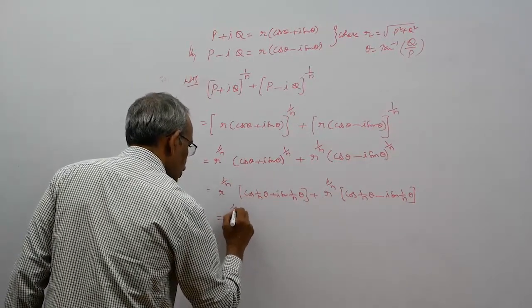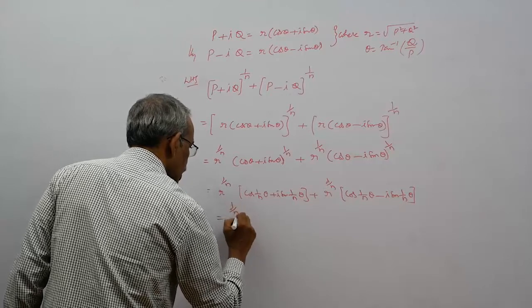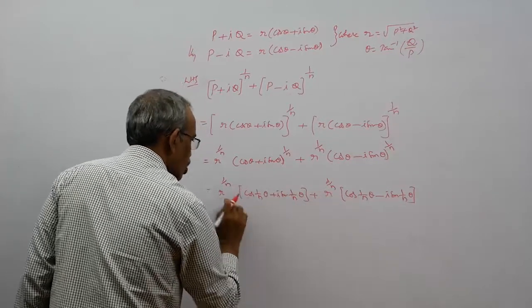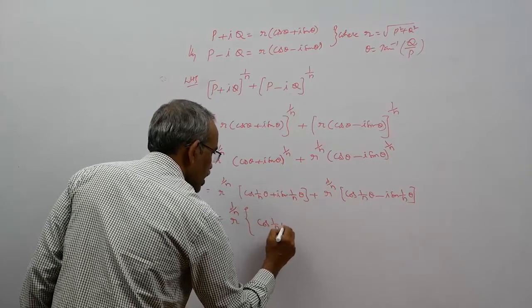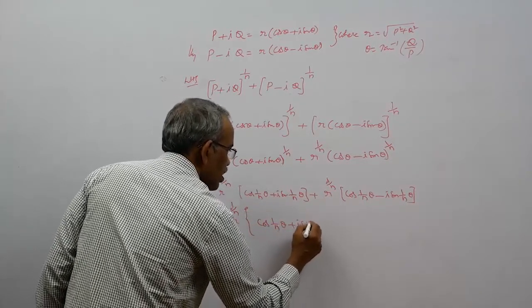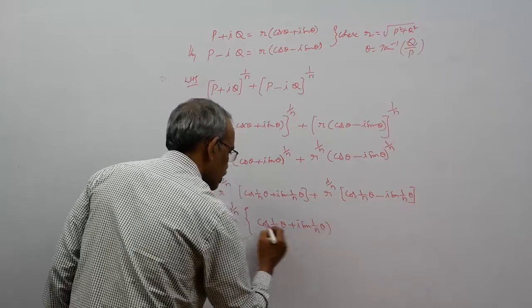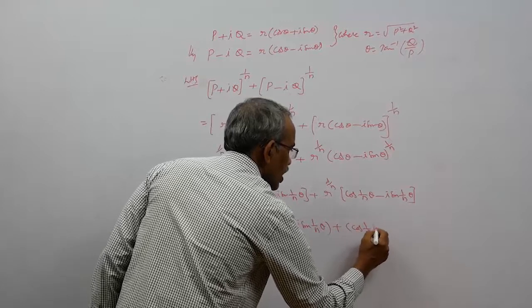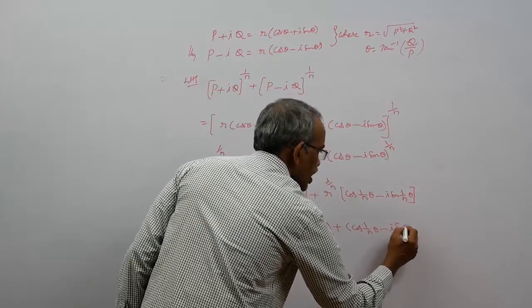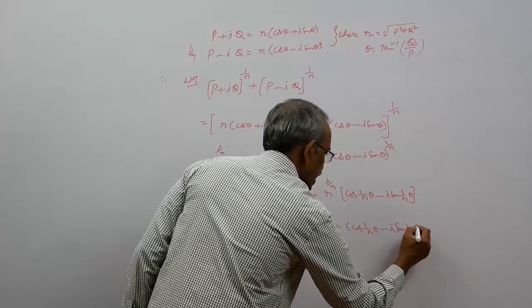Both terms have r to the power of 1 by n, so take r to the power of 1 by n common. Inside the bracket we have (cos 1 by n theta plus i sin 1 by n theta) plus (cos 1 by n theta minus i sin 1 by n theta).